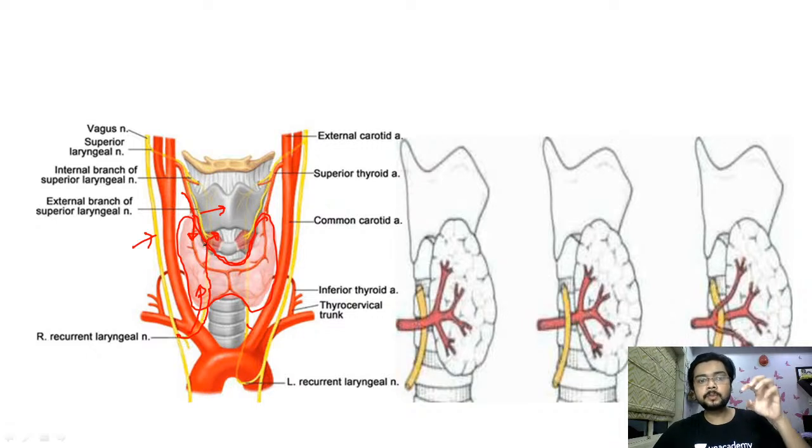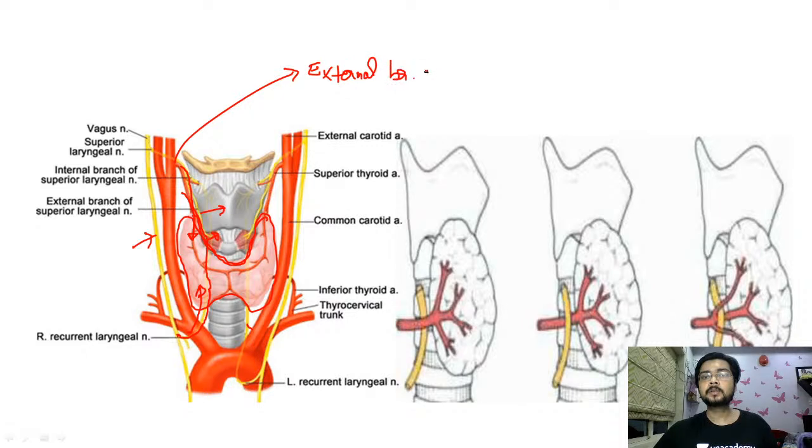So during surgery also we need to identify this recurrent laryngeal nerve. As you see, it is in very close proximity to the thyroid, with a high risk of getting injured while removing the thyroid. Coming to this nerve, this one is the external branch of the superior laryngeal nerve. The internal branch gives sensory supply to the supraglottis, the part above the vocal cord, and the external branch is the motor branch.